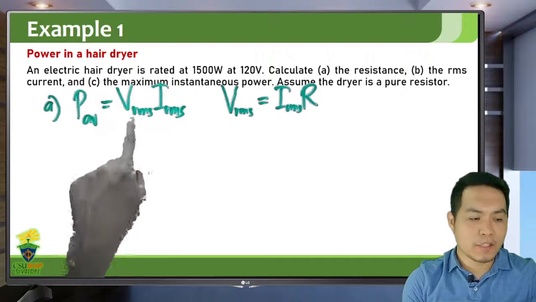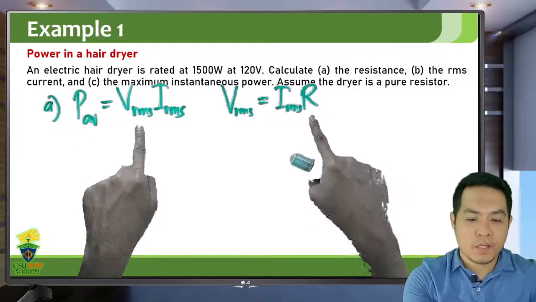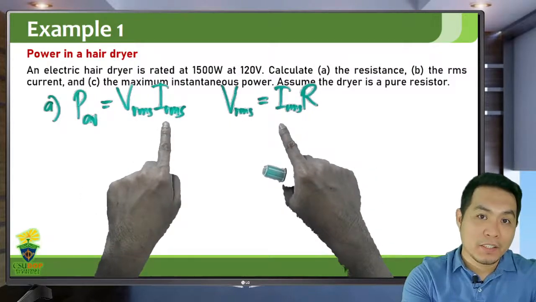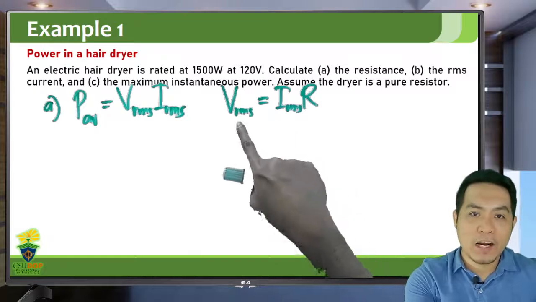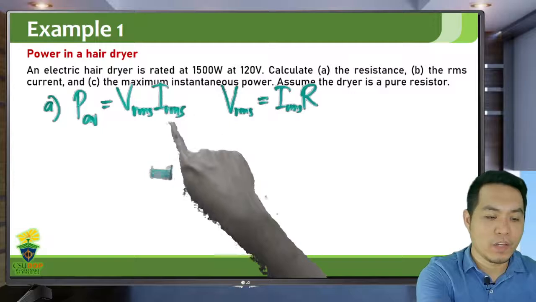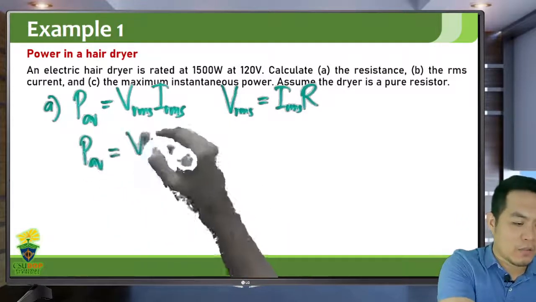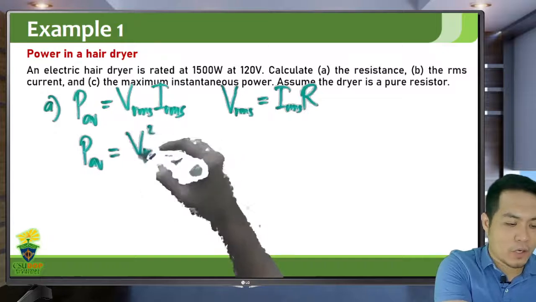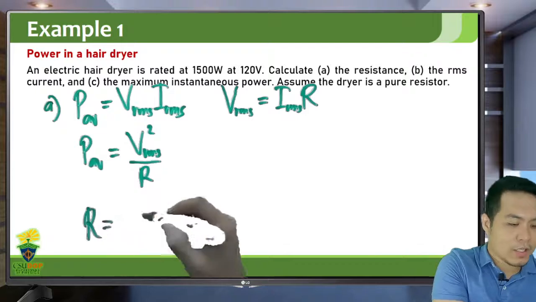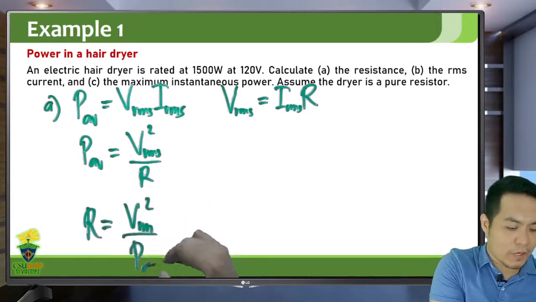The only givens are the average power and V_RMS, and we are asked to solve for R, so we need to eliminate I. We can write I as V_RMS over R and substitute that, so that the average power is V_RMS squared over R. Now we can solve for R: R equals V_RMS squared over the average power.